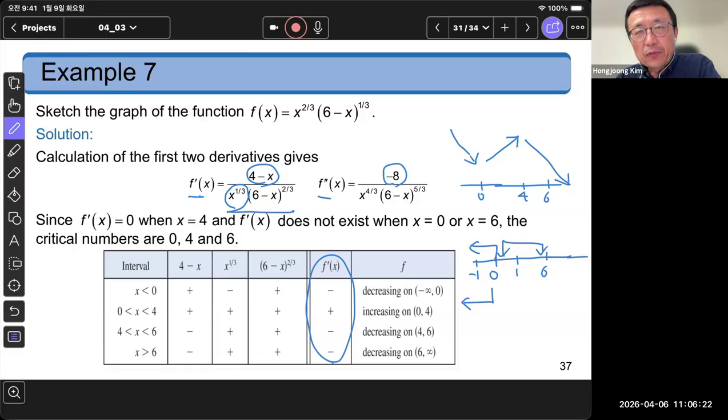And f prime is the same. When you estimate this sign, if it is a little bit confusing, just choose any point in that interval. Then evaluate x to the 1 third, 4 minus x, 6 minus x to the 2 thirds. You evaluate your function there.